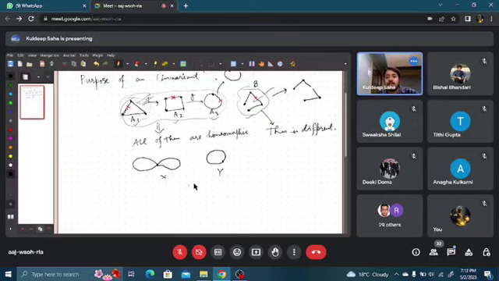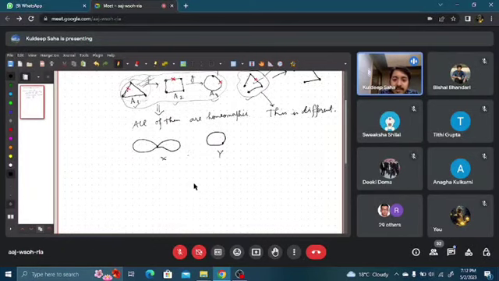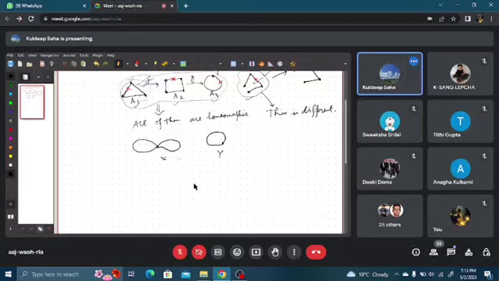So Ujjal or anyone else, what is your guess, how can we distinguish? The argument that you applied in the first example, can you modify that or directly apply that in this case? What is the problem? Or is there no problem? We can actually find something that will take care of this.